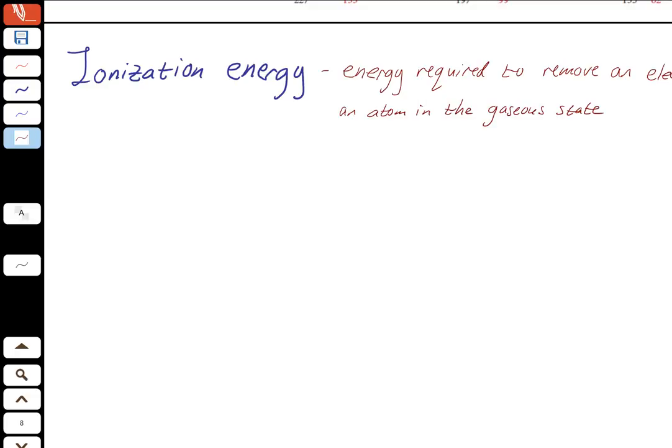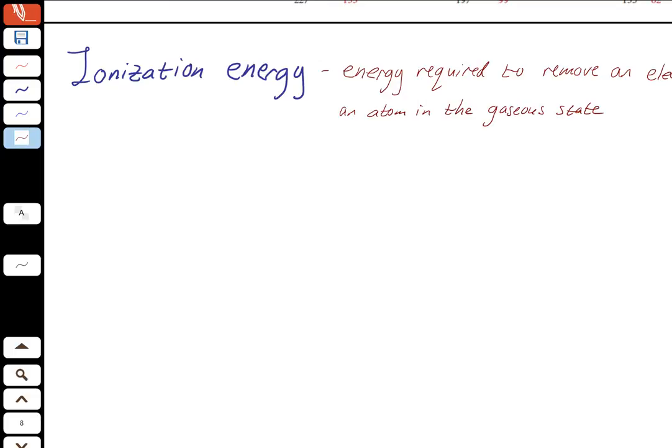What happens in liquids and solids to atoms? Are they isolated atoms in that case? They're not. Right, they're connected to stuff around them, and that's going to affect their electronic behavior, especially in things like metals, where we know the electrons are kind of doing something a little bit different. So in the gas state, we're talking about a single solitary atom. How much energy does it take to take that electron off?